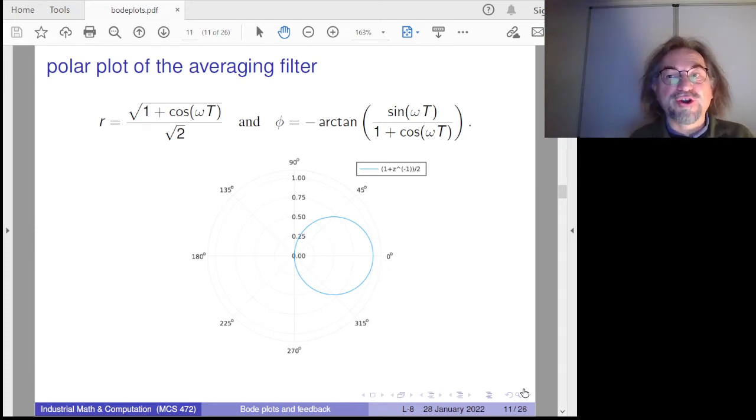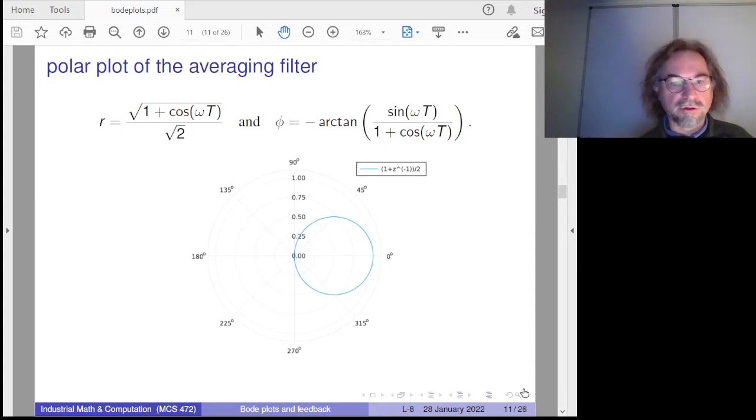It's another circle. So in a way, what good is that? Now we see another circle, but note that the circle goes to the origin. And so we have an amplitude.